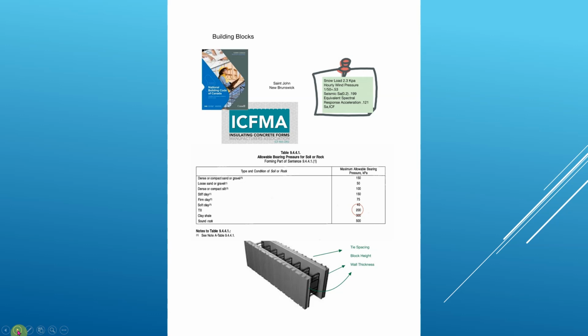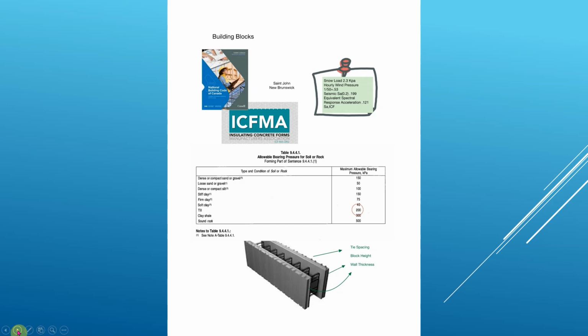The only thing you won't find in the National Building Code is what they call the equivalent spectral response acceleration number, and that's only found in that Manufacturers Association manual. But all of the other data you'll need as you design or review your ICF plans.